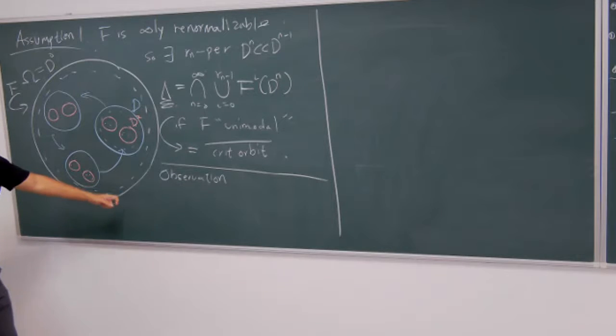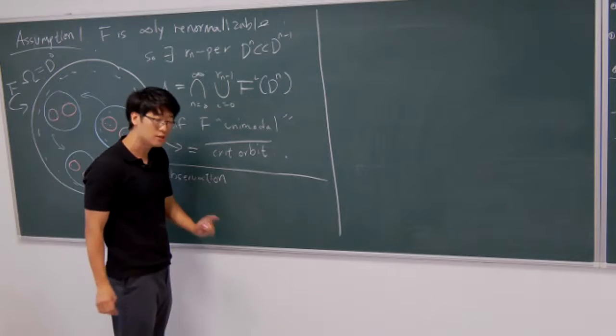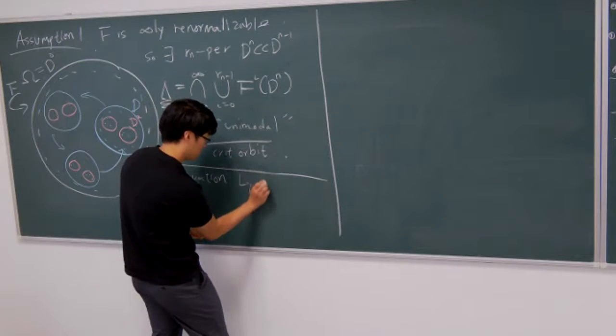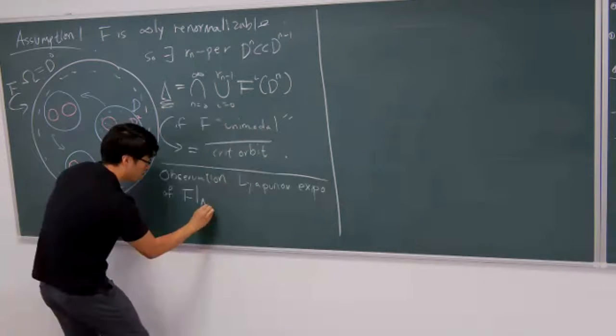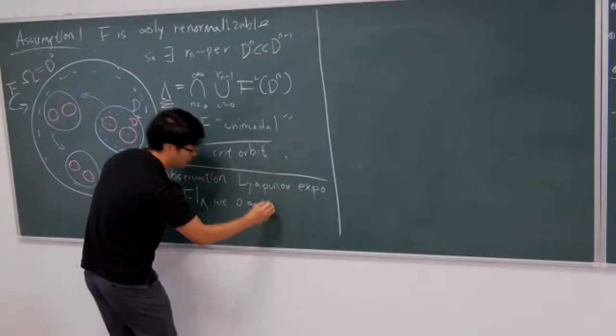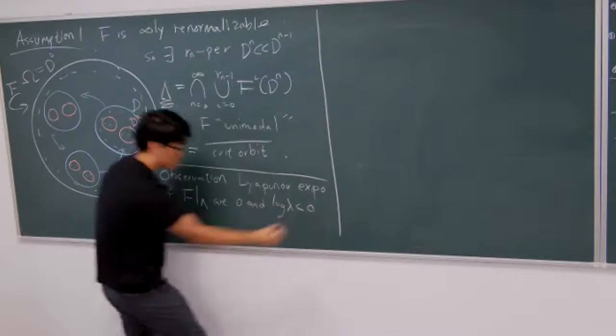It has two Lyapunov exponents because it's 2D, and the Lyapunov exponents of F restricted to the odometer are 0 and something negative. Let's call it log lambda, with lambda less than 1.